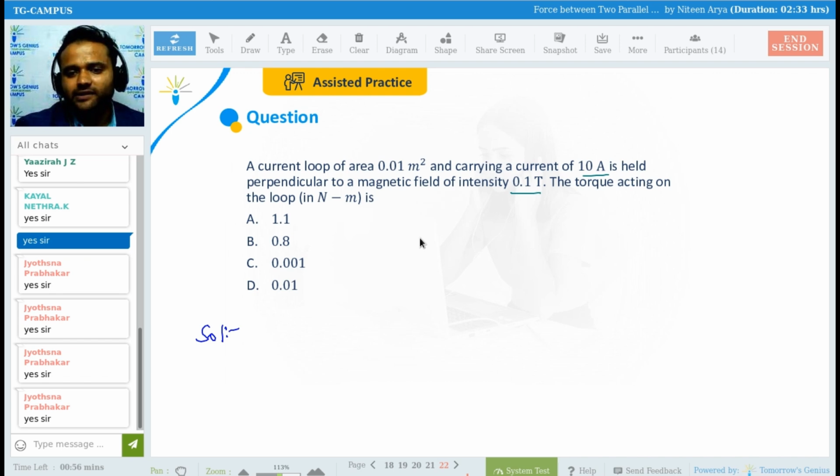Loop area is given, current is given, and theta is 90 degrees, perpendicular to a magnetic field of intensity this.